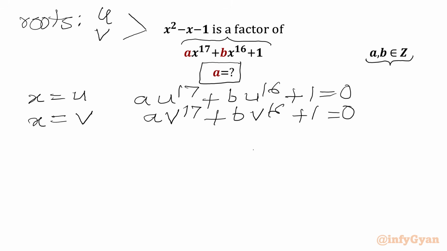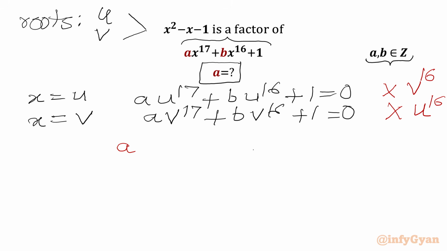Now we have to solve these two equations for the value of a. So we will multiply the first equation with v¹⁶ and the second equation with u¹⁶. Let's multiply.